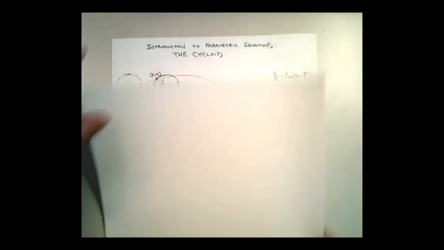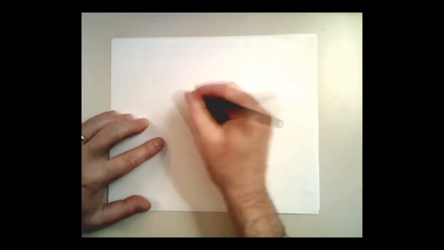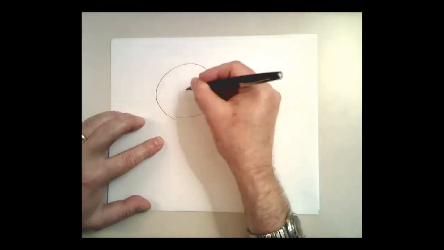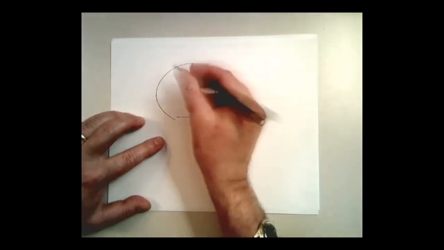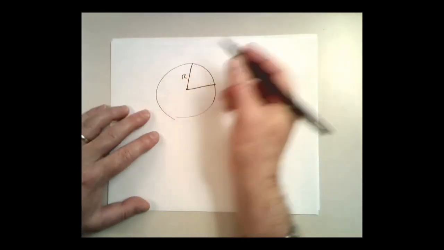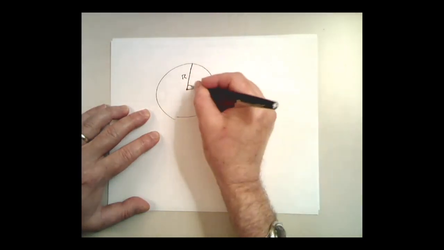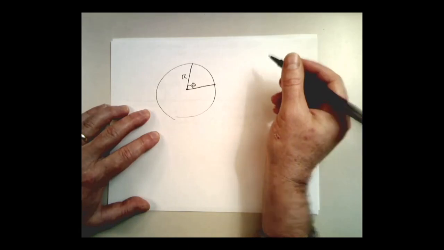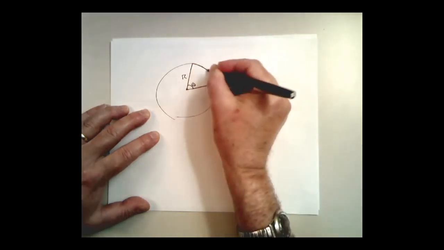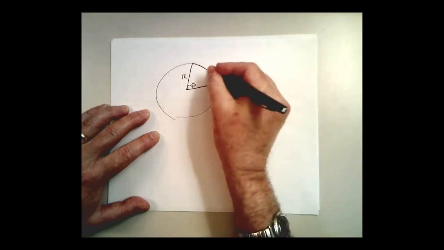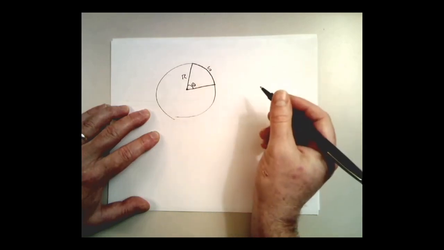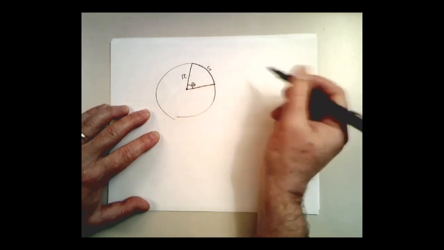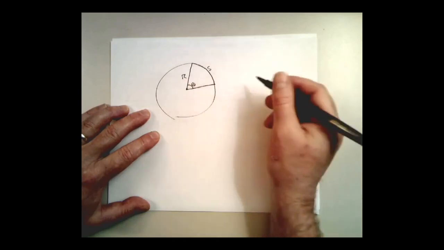So let's ask ourselves, if we've got a circle of radius r, and I've got a sector of it with theta being the angle of that sector, and we often use s to denote the arc length of a sector of a circle, what's the relationship between theta and s and r?